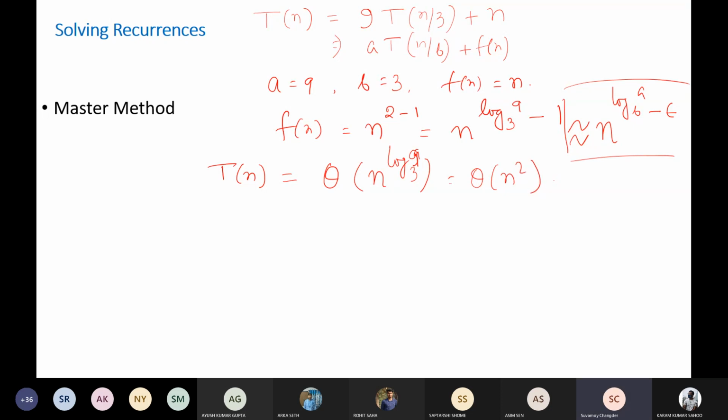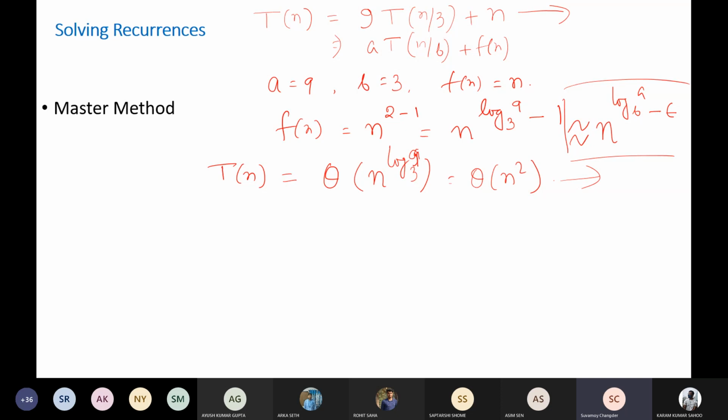We can check it by using the substitution method or maybe the iterative method also. You can easily check because 9 T(n/3), next time it will be 3 square, then 3 cube, then 3 4, and so on, and this value will go on as the same, n plus n or something like that, or maybe a little more terms. You can go on iterative basis or check by substitution method that the master method is okay.